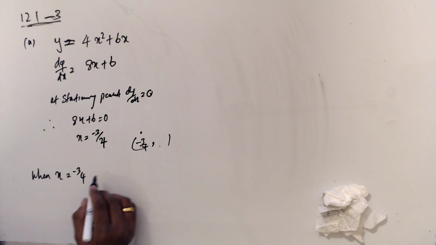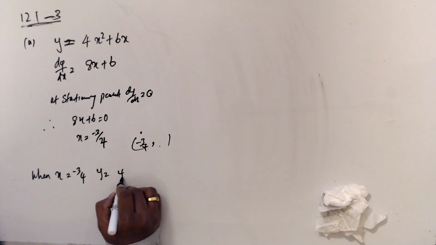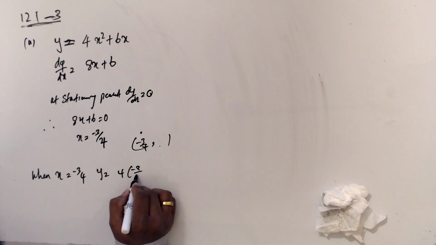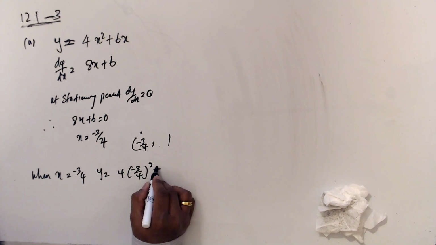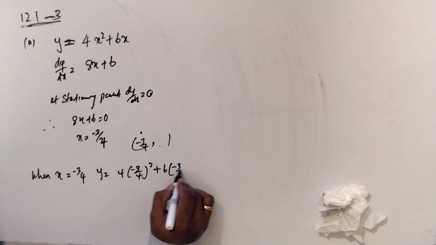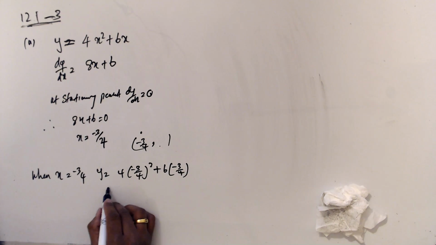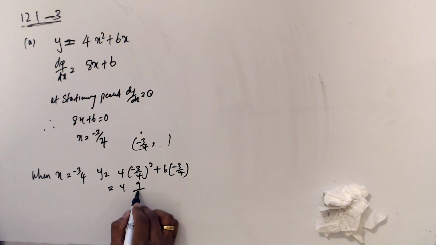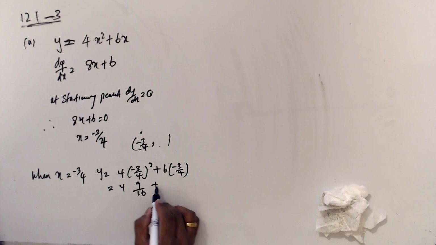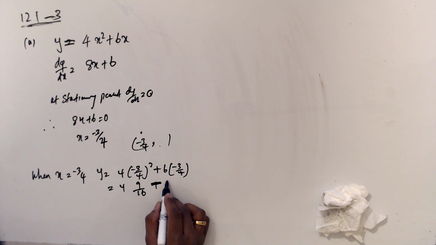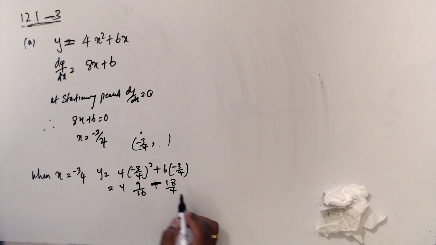When x equals minus 3 over 4, y equals 4 times (minus 3 over 4) squared plus 6 times minus 3 over 4. 4 times 9 over 16 plus minus 18 over 4.